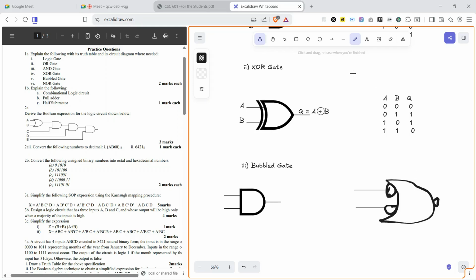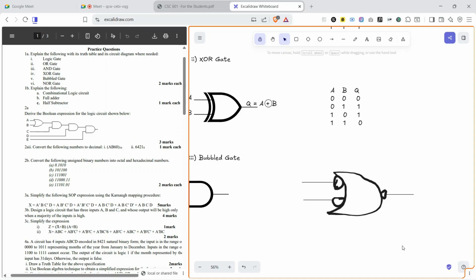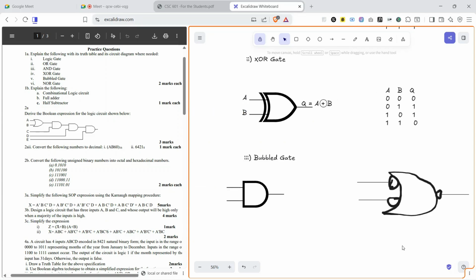So this is a typical example of a bubbled gate. This is a bubbled OR gate. So that's the explanation for bubbled gates.